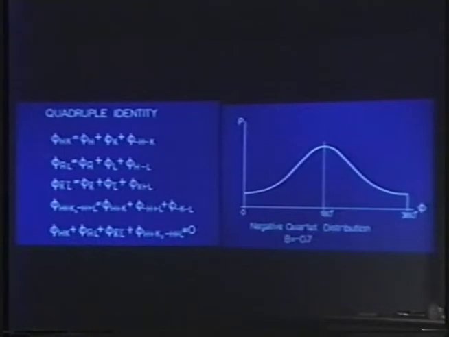Here we have the quadruple identity, which is a relationship which must be satisfied among four suitably chosen triple structure invariants, three-phase structure invariants. This is an arbitrary structure invariant. This is another structure invariant, which is obtained from this one by replacing H by minus H, K by L, and minus H minus K in this way.